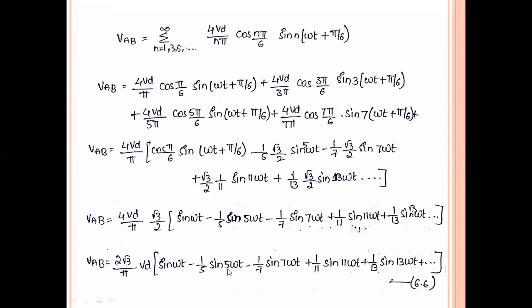These are the low order harmonics. Due to them, pulsating torques are developed. Particularly at low speed operating conditions, the motor shows jerky motion. That is another drawback when operating the induction motor at low speeds.